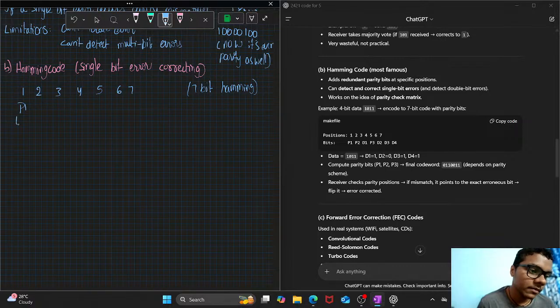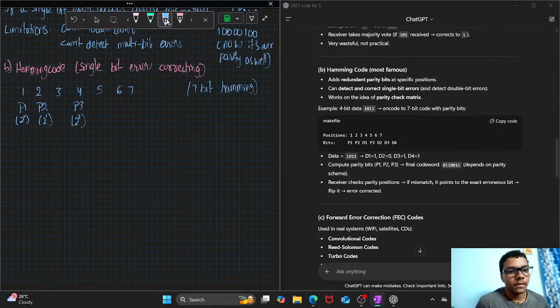P1 is parity 1, 2 to the power 0. P2 is parity 2, this is 2 to the power 1. And P3 is parity 3, 2 to the power 2. And this is D1 data 1, D2 data 2, D3 data 3, D4 data 4.